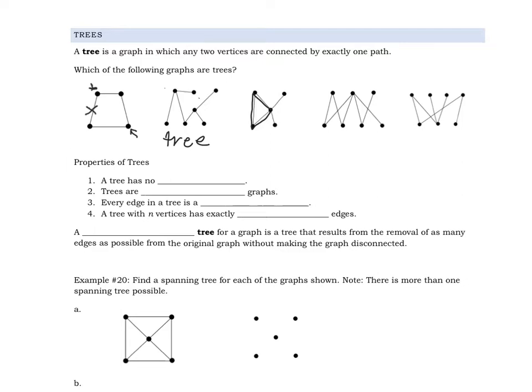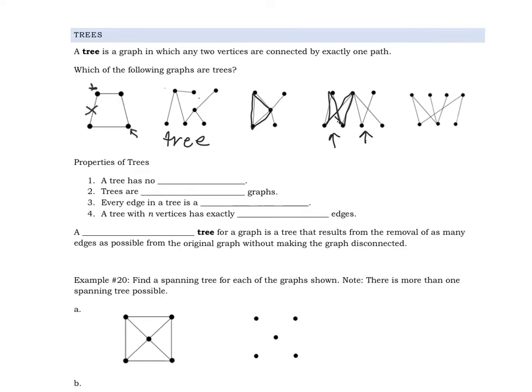So this has a circuit in it, so that is not a tree either. Okay? So the same could be said of this next one. The right-hand side of this graph is looking pretty good, but on the left-hand side, I'm seeing a circuit again. So that is not a tree.